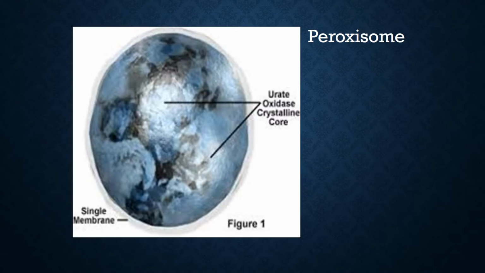Next are peroxisomes, and these are very similar in function to lysosomes, except for two different features. First of all, they have enzymes for oxidative reactions, and so these are important for oxidizing toxic molecules, for example, formaldehydes and alcohols.